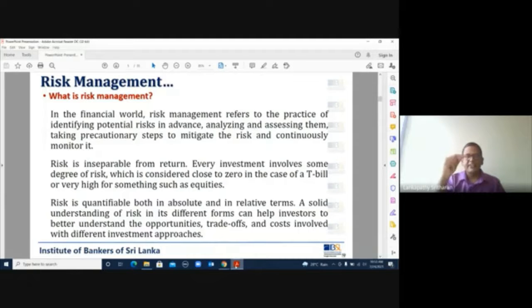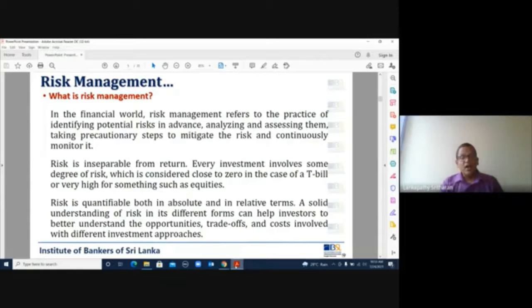If you expect some return, there will be some risk. Second, some investments or activities may have close to zero risk, for example treasury bills. As I explained in the last class, there is no absolute zero risk, only close to zero. And if it is equity, it is a very high risk. Every investment, every return will involve some sort of risk. That is the idea you have to get.